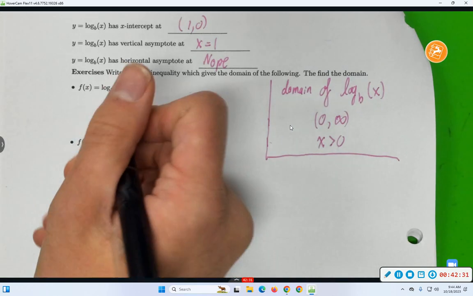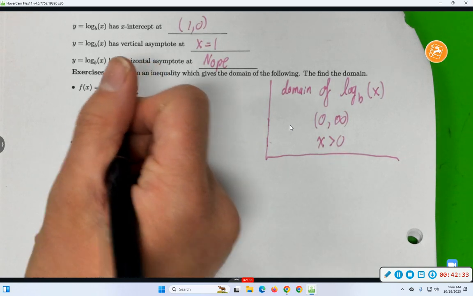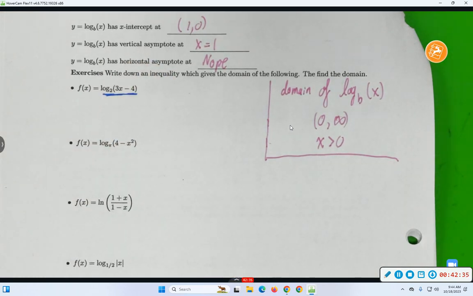Let's find the domain of log base 2 of 3x minus 4. So the idea is the thing inside of those parentheses has to be strictly positive. So what inequality should I write down if I want to find this domain?